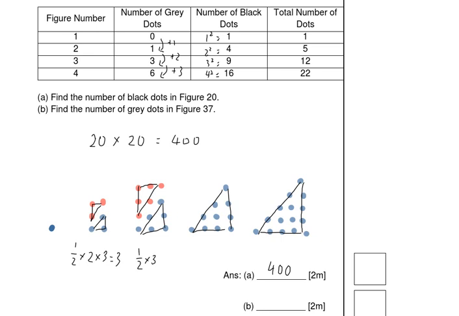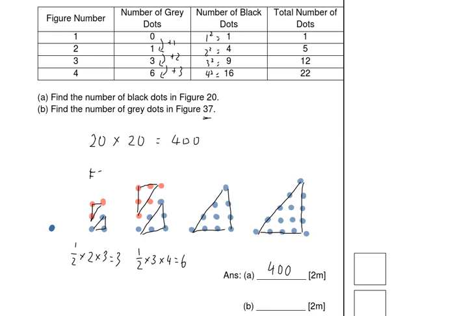Now, I want to find the formula for my figure 37. This is my figure. Let's write short form F. This is F3, this is figure 4, figure 5, figure 6.